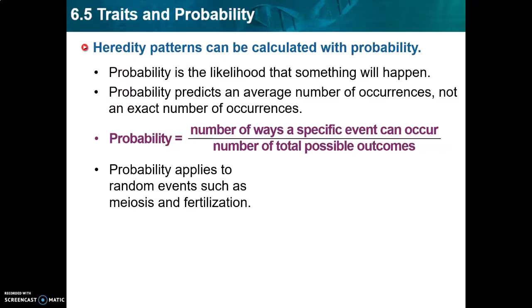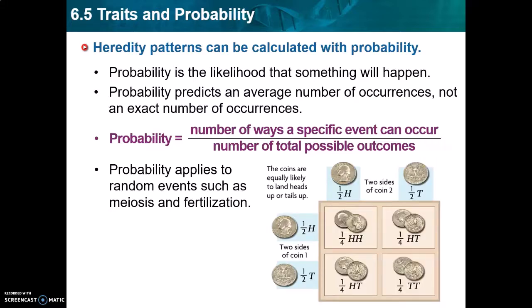So this helps us in genetics because it applies to random events, and during the process of sexual reproduction, the fertilization process is essentially random. It is not predetermined which sperm cell is going to get to that egg cell first. So we can kind of think of a Punnett square as a coin toss.